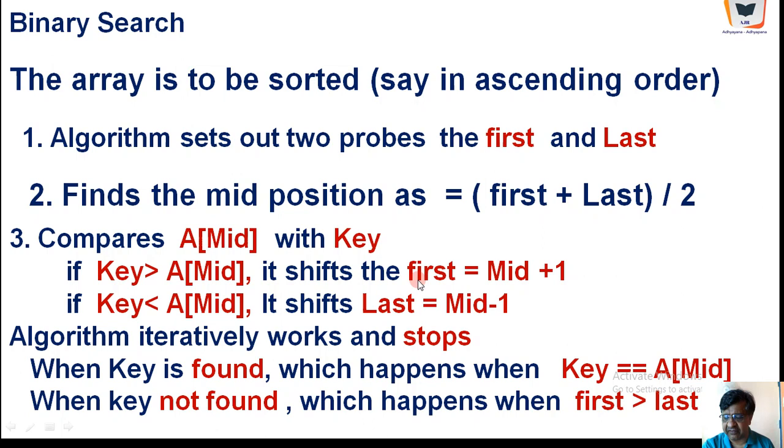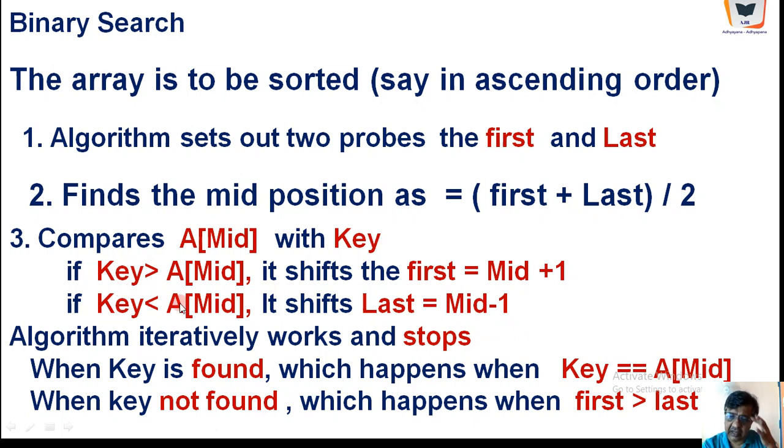It shifts the first probe named first to mid plus 1. So it is a lateral movement for first. It will cross the mid also because the key is greater than A of mid. On the other hand, if the key is lesser than A of mid, it shifts last to mid minus 1, leaving behind the right portion of the array.